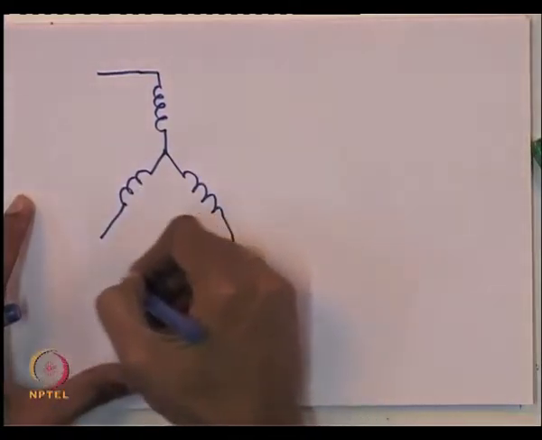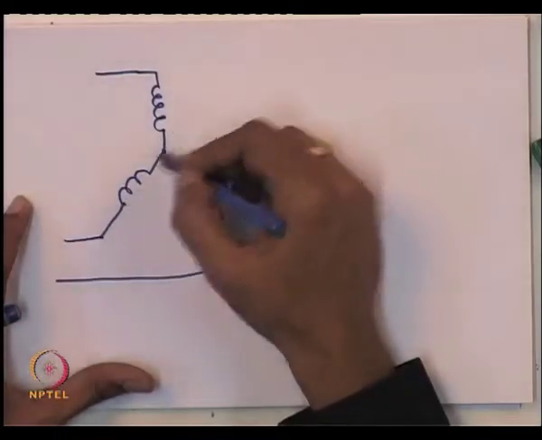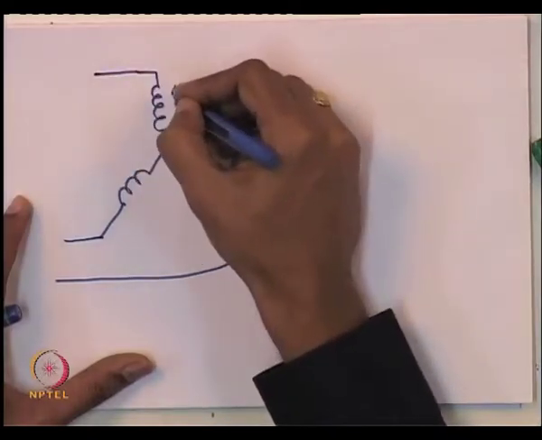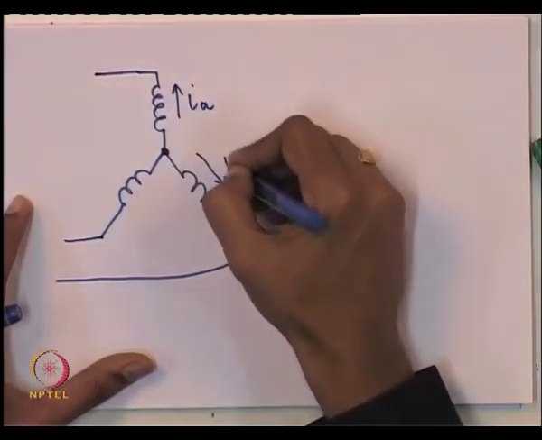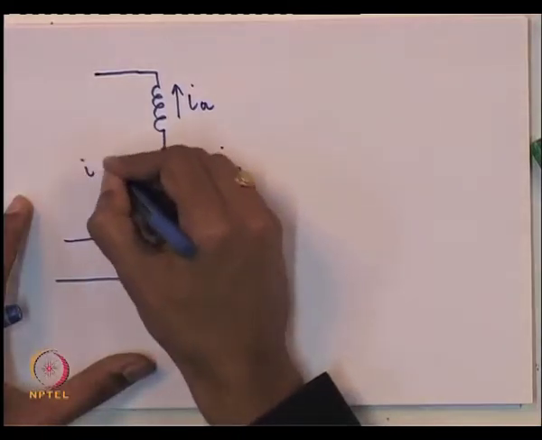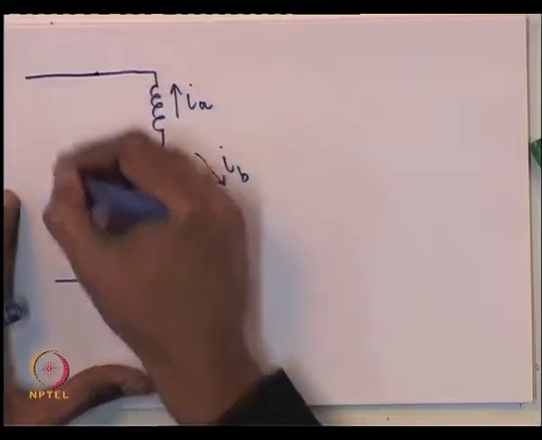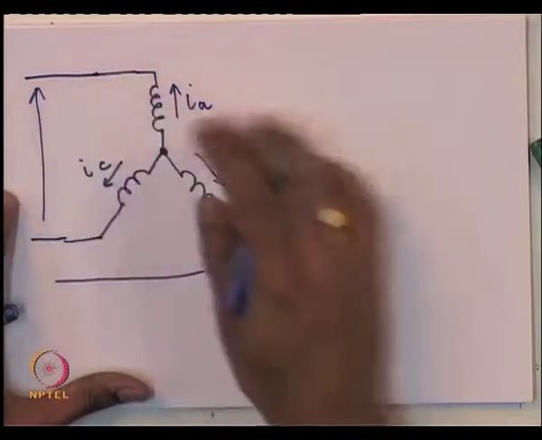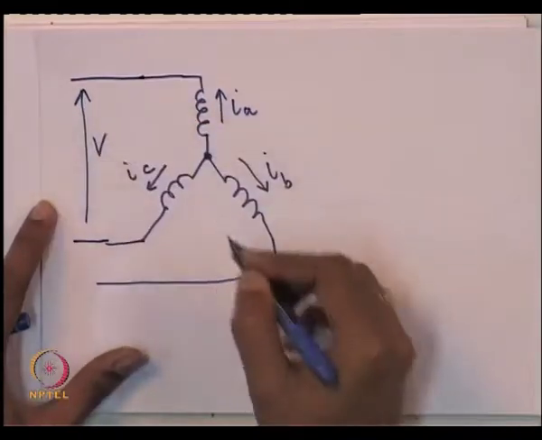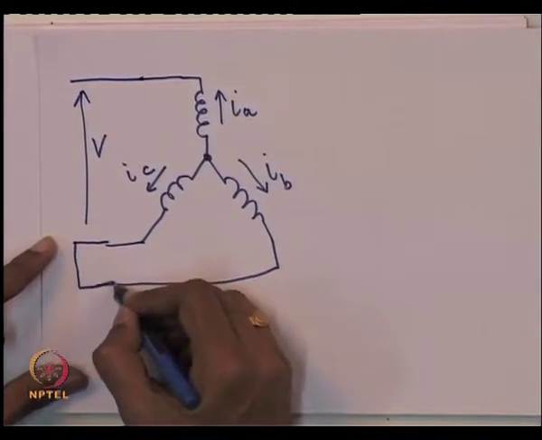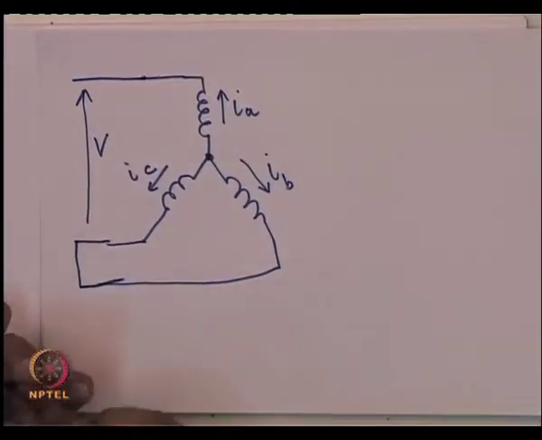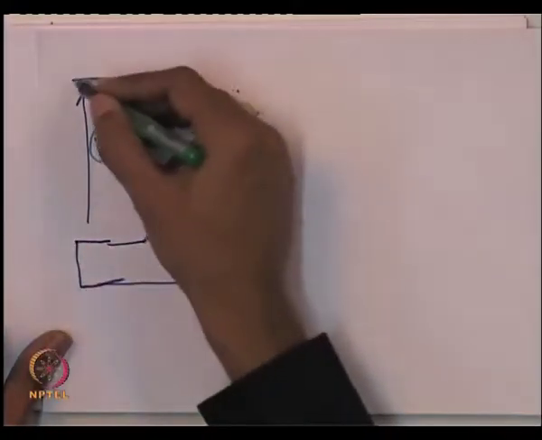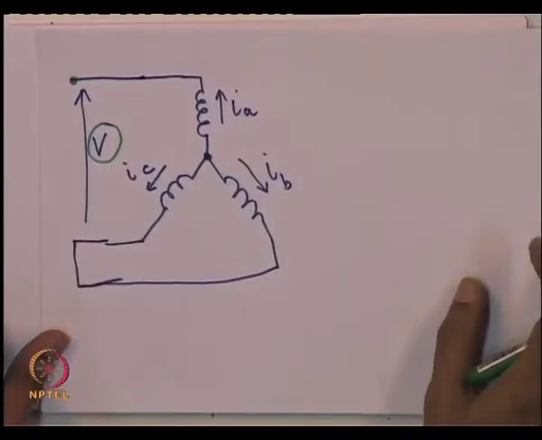I connect the A, B, C windings in star, keep the star point open, and this is I A, this is I B and this is I C. I apply a voltage V here, and I short this winding here. So, this is what I will do.